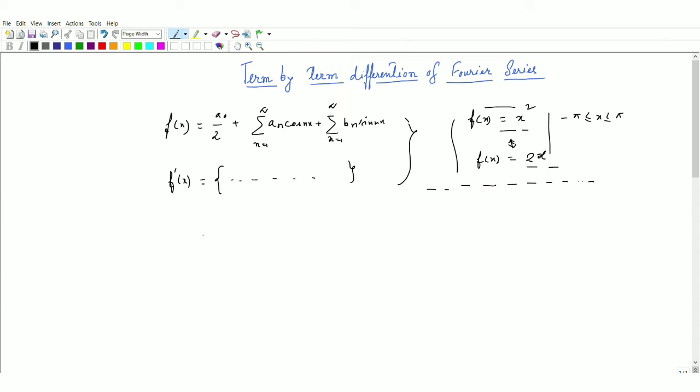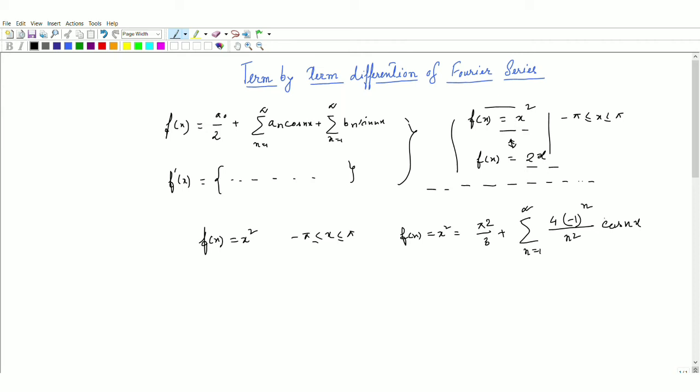Okay, so f(x) is equal to x square on minus pi to pi. We know the Fourier series of this function is pi square by 3 plus summation 1 to infinity 4 times minus 1 to the power n by n square cos nx. Since it is an even function, therefore we are obtaining the cosine series here.